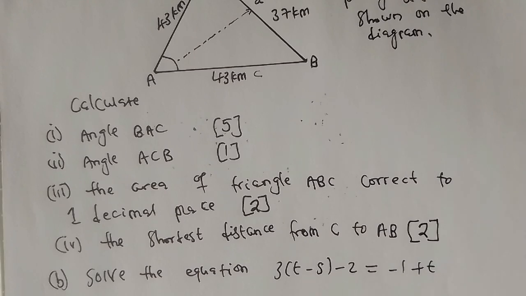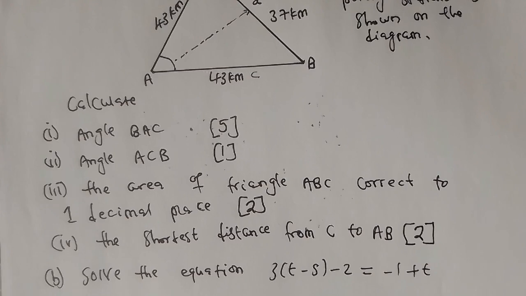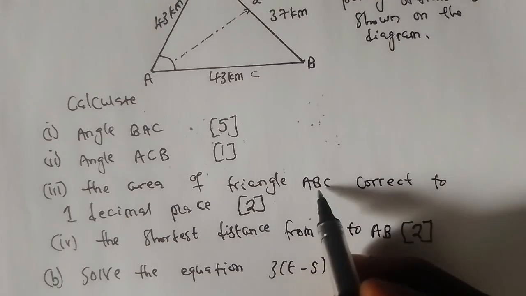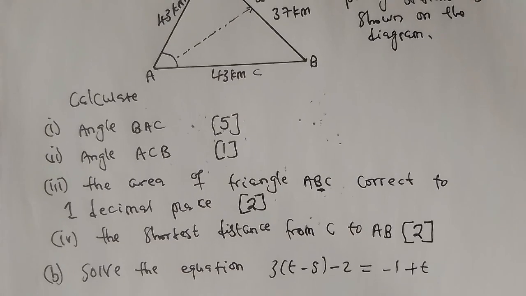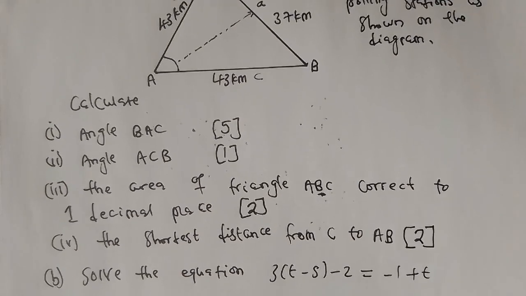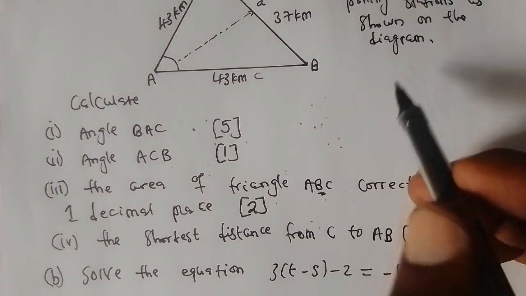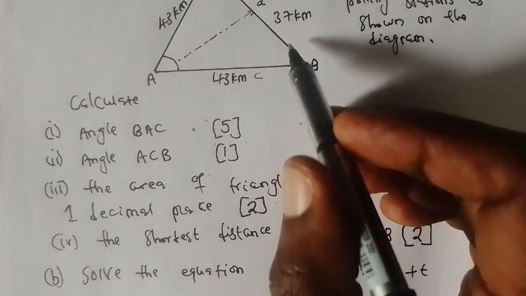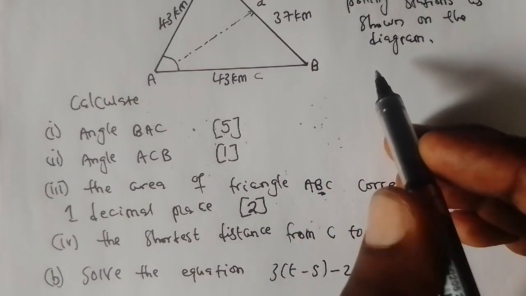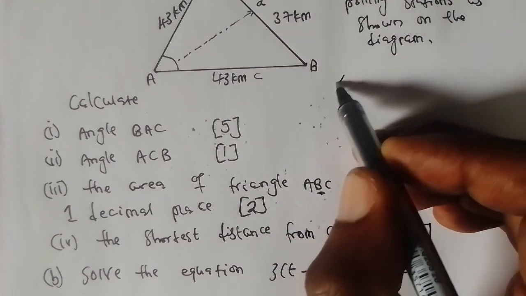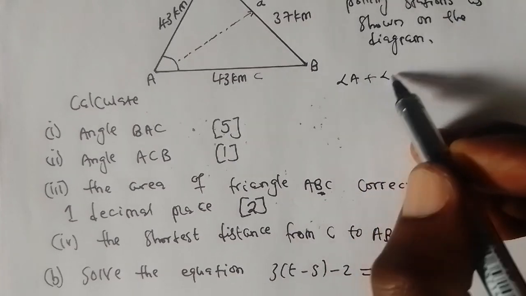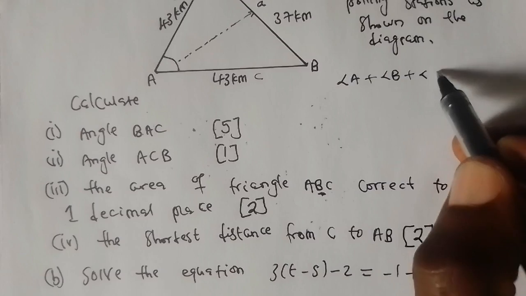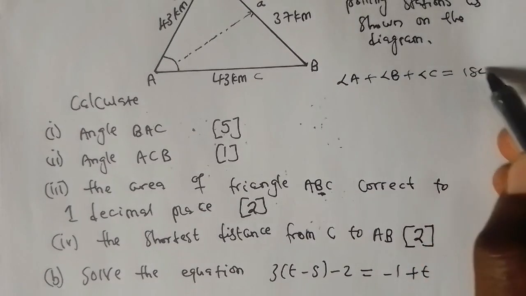When you are finding the area, the angle that you are going to use is angle B. So we can find angle B by saying angle A plus angle B plus angle C equals 180.